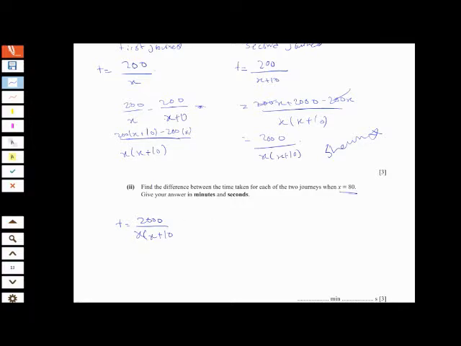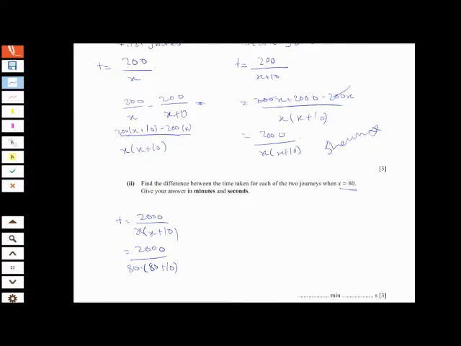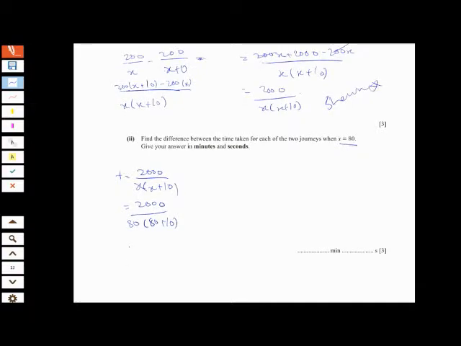Substitute: 2000 over 80 times 80 plus 10, which, using a calculator, you'll get 5 over 18 hours, but they want the answer in minutes and seconds.